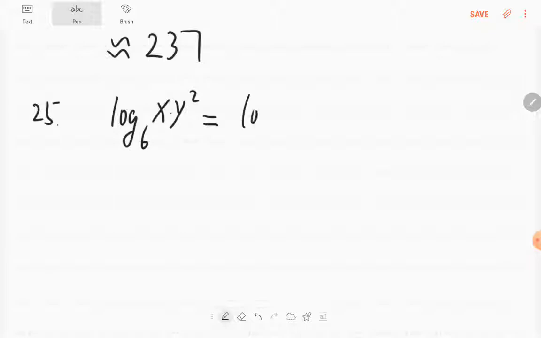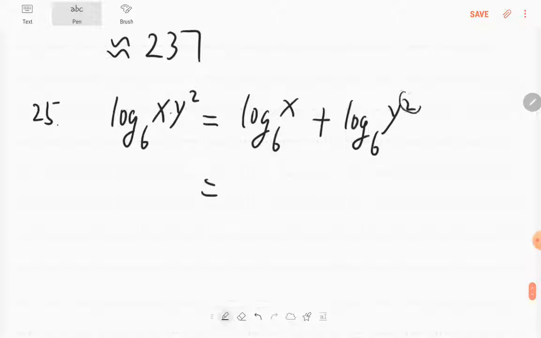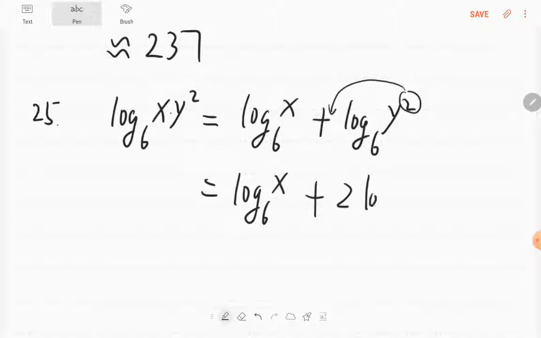So we use log base 6 of x plus log base 6 of y squared, right? And you can bring down this 2 in front of the log. So it's log x with base 6 plus 2 times log y with base 6.